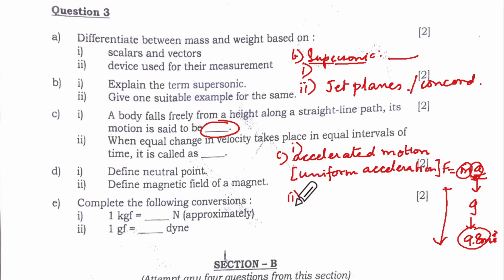What is the second part? Read. When equal change in velocity takes place in equal intervals of time, it is called as... Now remember, equal changes of velocity means v minus u is the same in equal intervals of time. So this is equal and this also is equal. So constantly this upon this will be constant, no? Yes, ma'am.